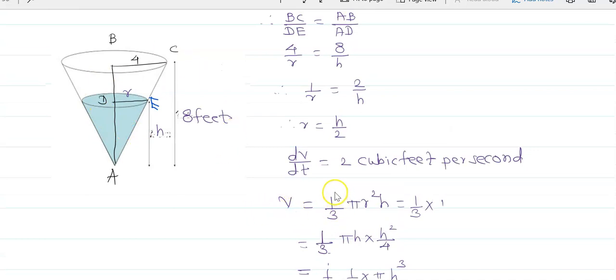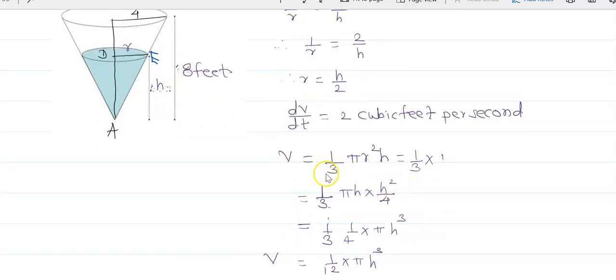Therefore, V is equal to 1 upon 3 pi R square into H. Now here we will substitute the value of R, which is H upon 2. Therefore, the volume is in terms of H. That is 1 by 3 pi H into R square, where R is H upon 2, that is H square upon 4.